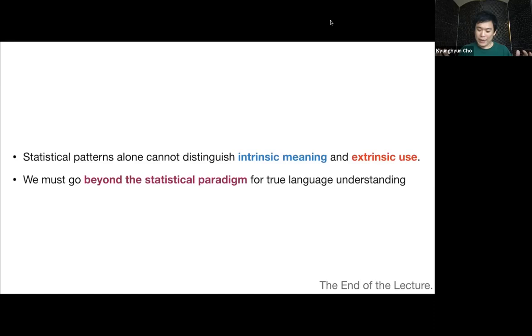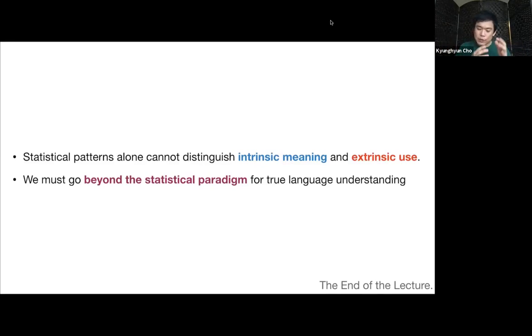And I am very optimistic that we'll be able to find the next paradigm that's going to allow us to go beyond these statistical patterns and build a system that is able to truly distinguish between the intrinsic meaning of linguistic units and how these linguistic units are used in various societal contexts.